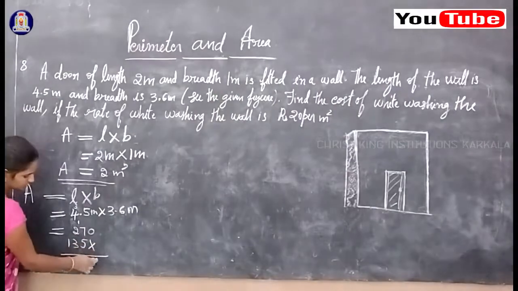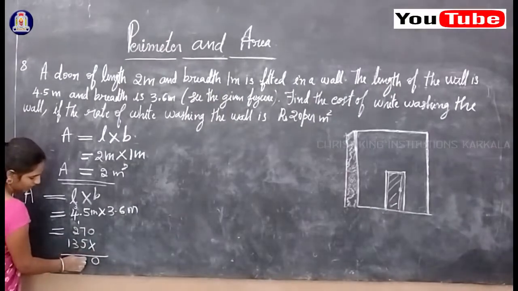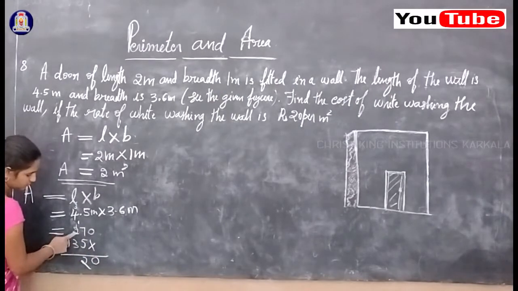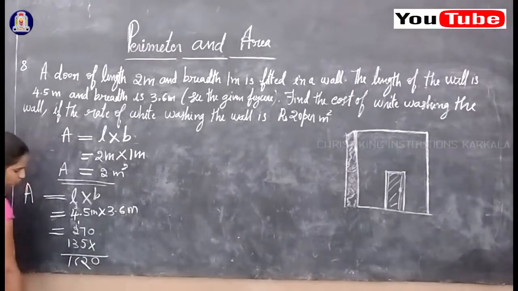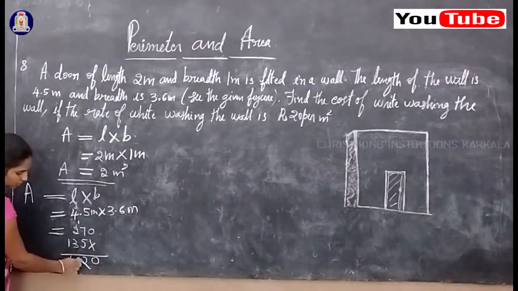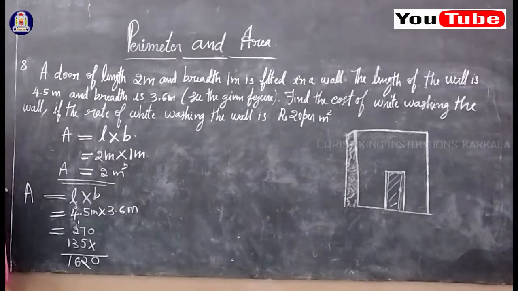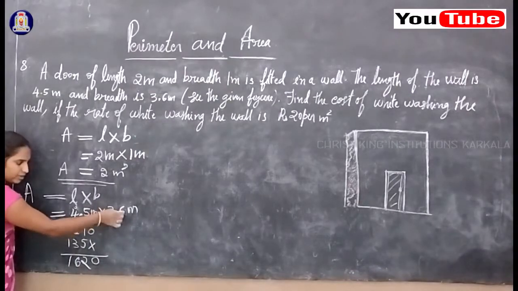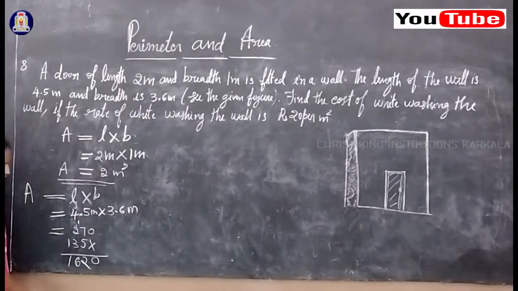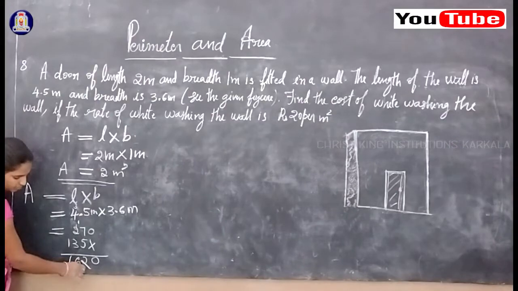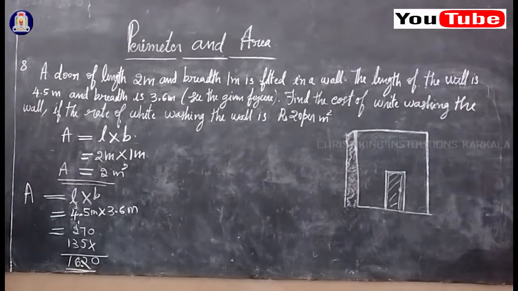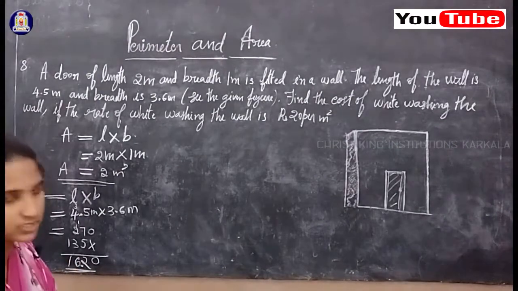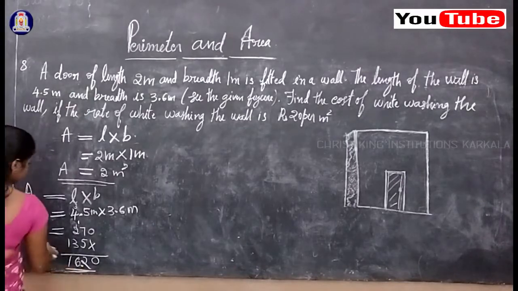So the answer is 0, 7 plus 5, 12, 1 remaining, 5 plus 1, 6. Here I got 1620, but it is given in decimal point. After decimal point 1 digit here and 1 digit here, total 2 digits, so leave 2 digits and put the decimal point. So 16.20. That is what?